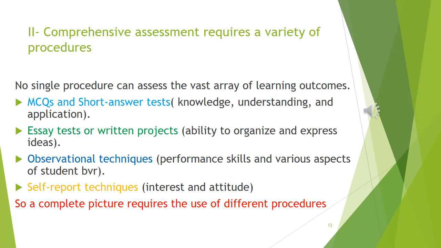Observational techniques are needed to assess performance skills and various aspects of student behavior. Self-report techniques, on the other hand, are useful for assessing interest and attitude. So, a complete picture of students' achievement and development requires the use of many different assessment procedures.